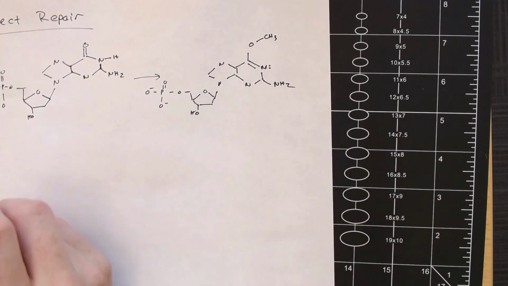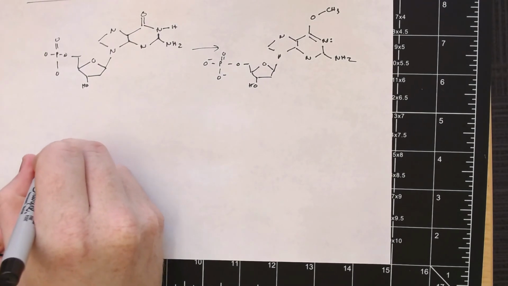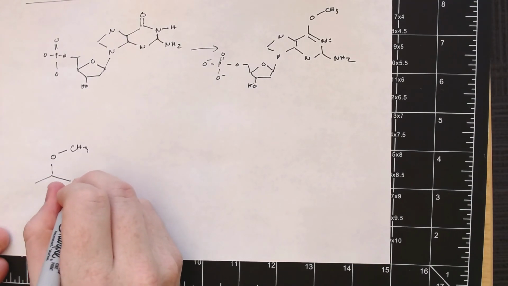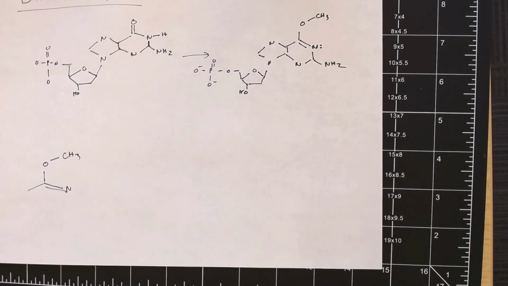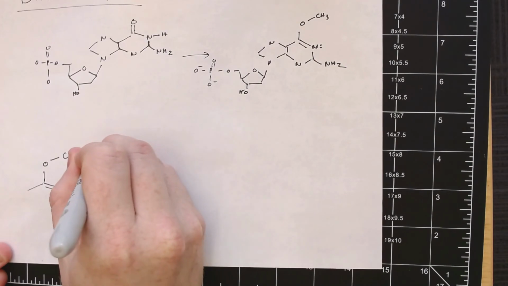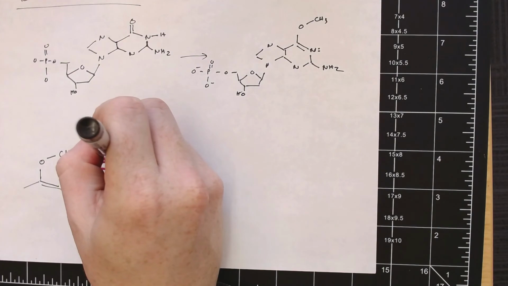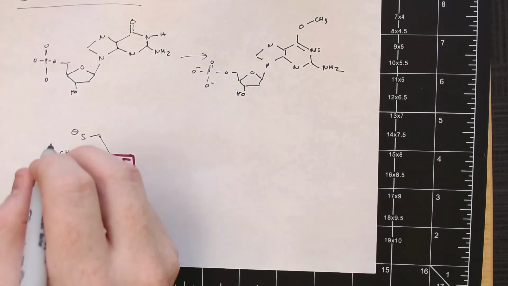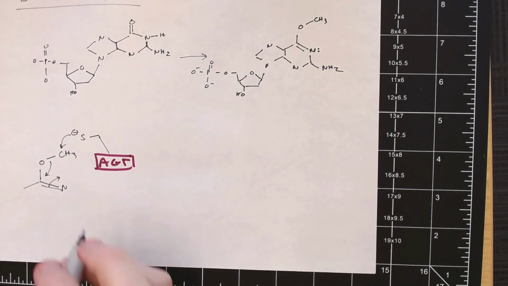And we talked about how that methyl group that's on the O here can be removed by an enzyme called AGT. So AGT has this cysteine residue on it, can come and deal with this.